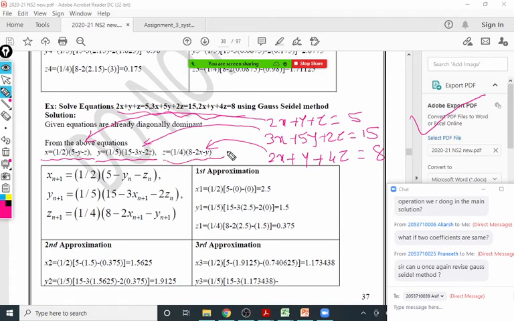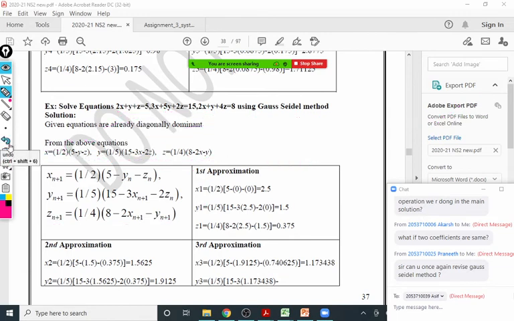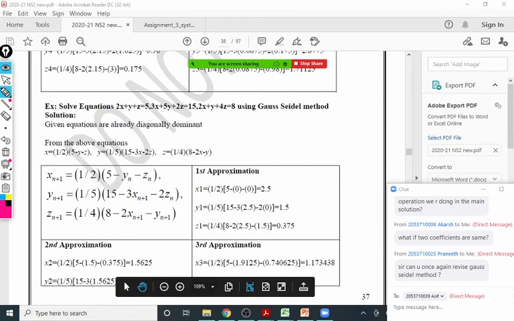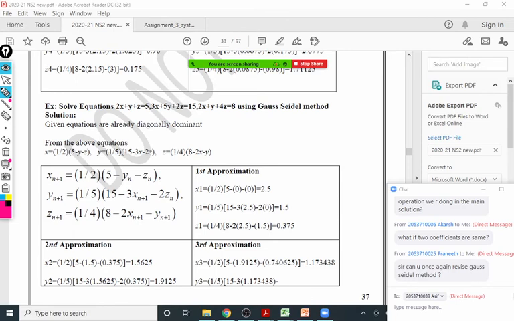Once we get that, we write the iteration formula. This is the main thing. This is the very important part for the methods. If we have the Jacobi method, we just write these x, y, z as xn plus 1, yn plus 1, zn plus 1 on the left, and on the RHS every x, y, z is replaced by xn, yn, and zn. Jacobi method is that way. But in the Seidel method, to get xn plus 1, we use yn and zn.